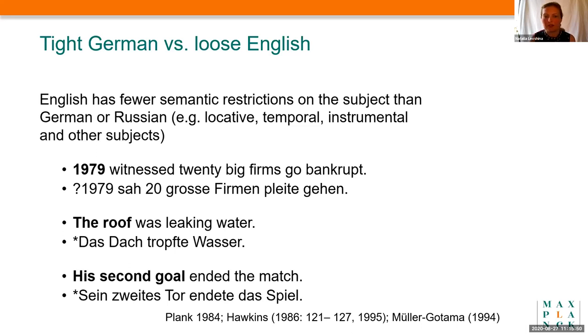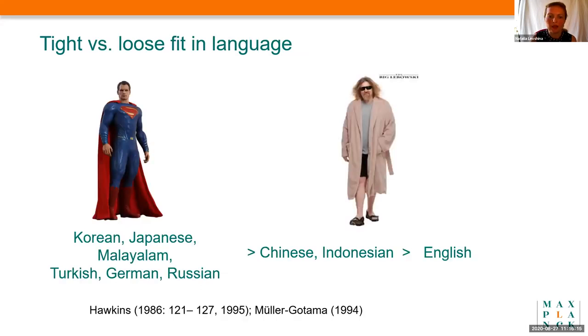For example, English allows locative, temporal, and instrumental subjects like "1979 witnessed 20 big firms go bankrupt." That's impossible in German, and there are other examples. So there seem to be fewer restrictions in English on what kind of nouns and semantic classes can be which terms.